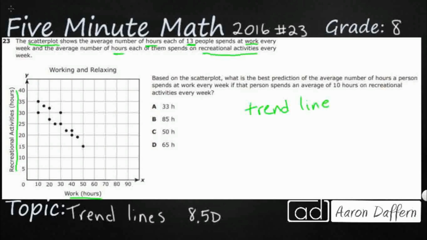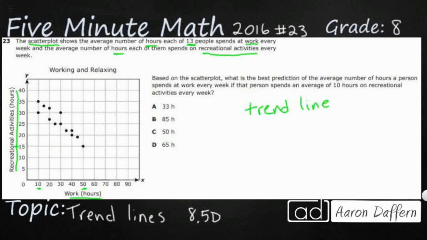Looking at the relationship, it makes sense, right? If you only spend 10 hours a week at work, look at all the time you're going to have for recreational activities, 30 to 35. But if you spend 50 hours a week at work, you're not going to have much time for recreation.